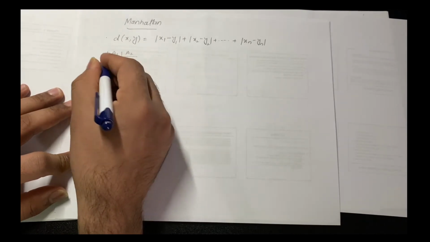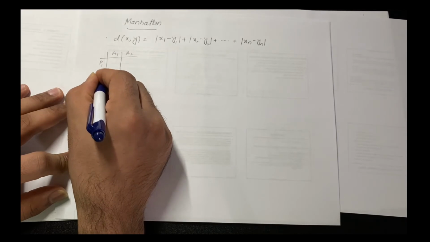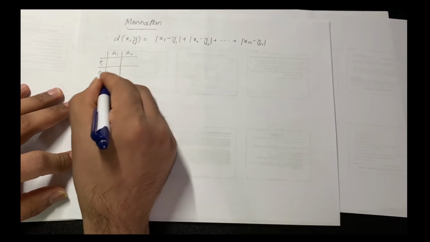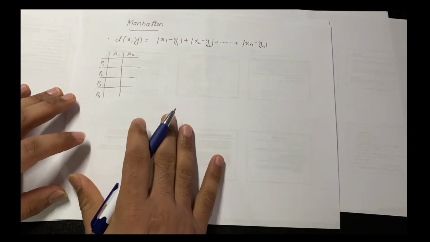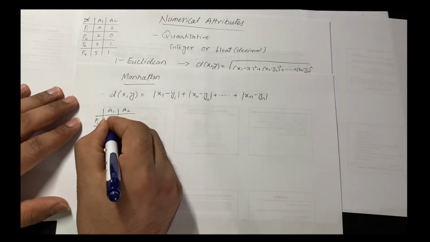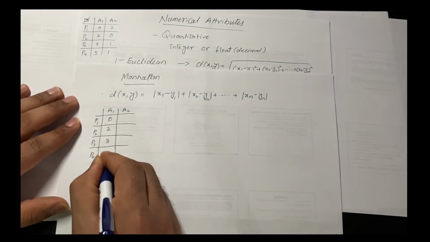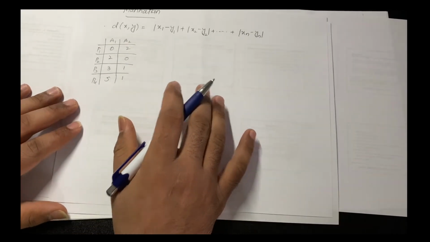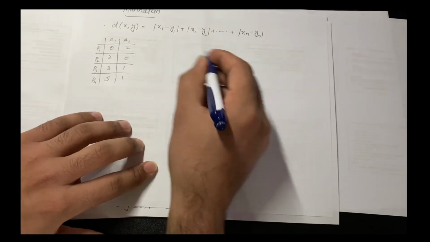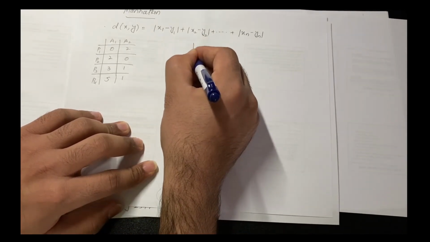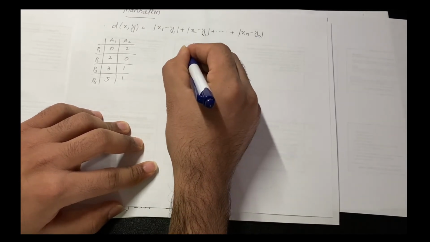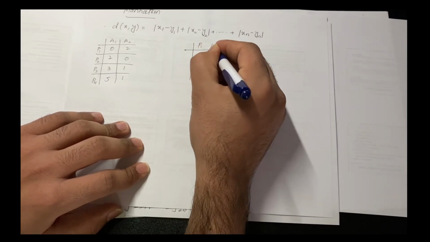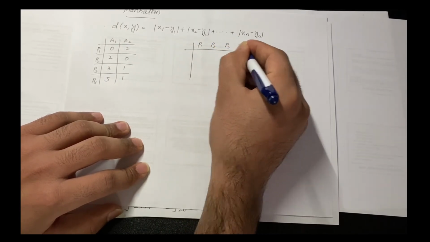So we have two attributes, for p1, p2, p3 and p4, with values 0, 2, 3, 5, 2, 0, 1 and 1. First we will create the dissimilarity data matrix. We have 4 data objects, p1, p2, p3, p4. I will create a 4 by 4 data matrix.